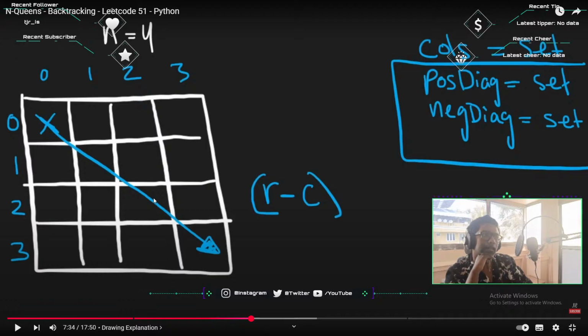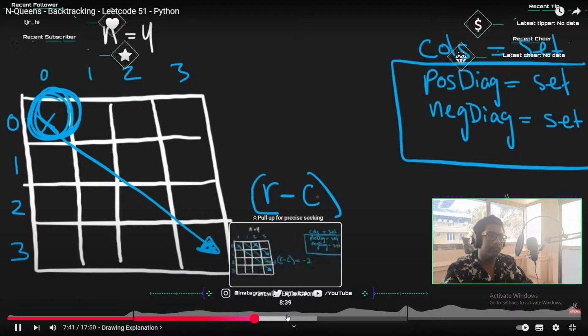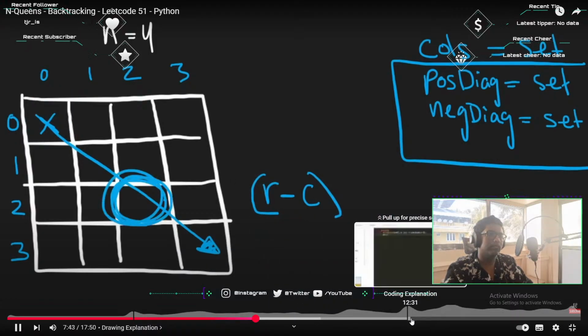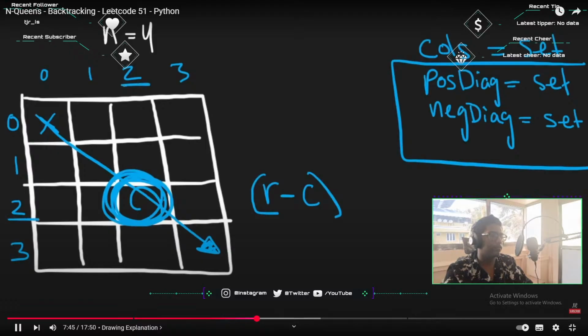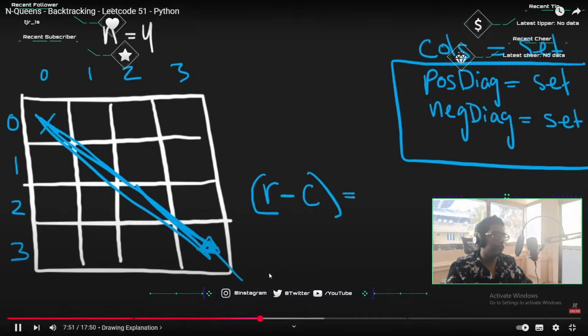Alright, okay. I agree, that's going to stay constant. Over here, in this position, if you take the row minus the column, we get 0 minus 0. That equals 0. If you take the row minus column in this position, we get 2 minus 2. That equals 0. So we can define this particular negative diagonal as being the 0 negative diagonal.